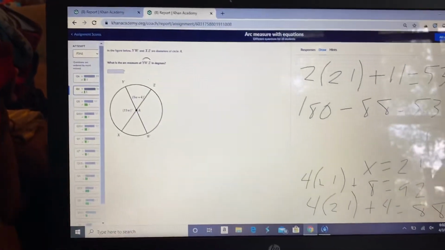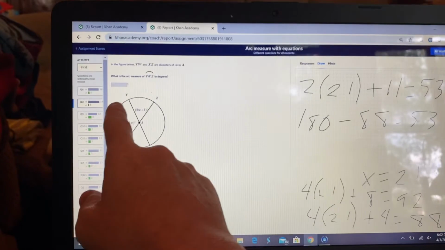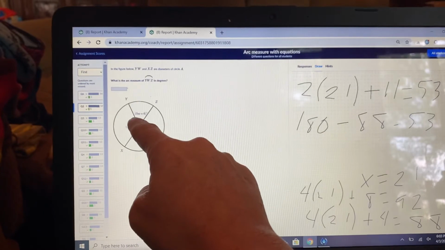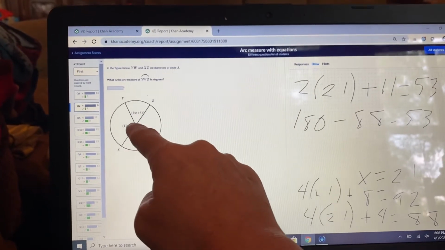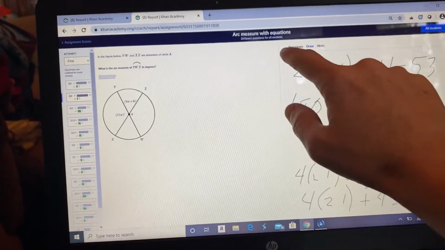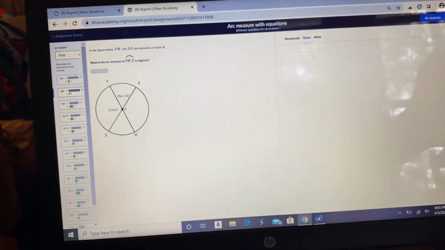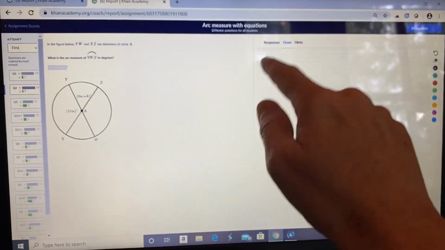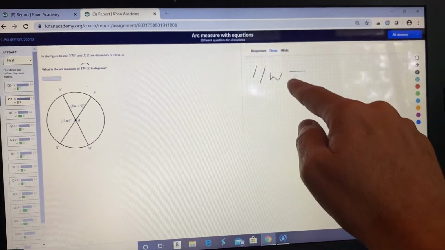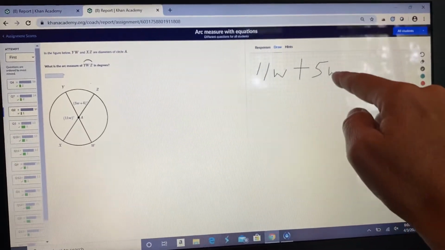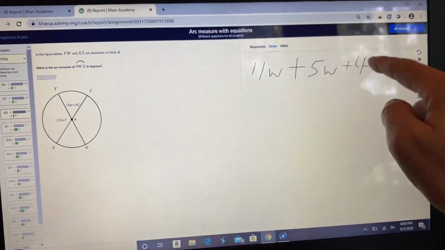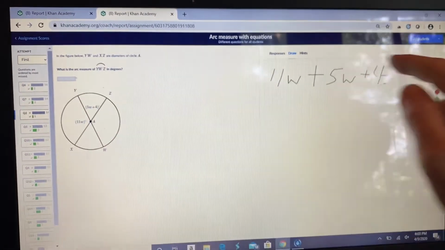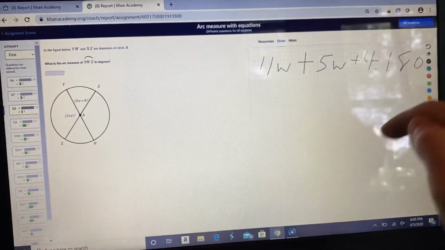Okay. Then something of this nature, YWZ. So basically looking for 360 minus this part. Well, I need to find W, and then I can plug in and solve that out. So let me get this stuff erased over here. This works sometimes as far as writing on it. If I do 11W plus 5W plus 4 equals, okay, we don't have vertical angles that we know both of, but we know that's a semicircle, so it adds to 180.